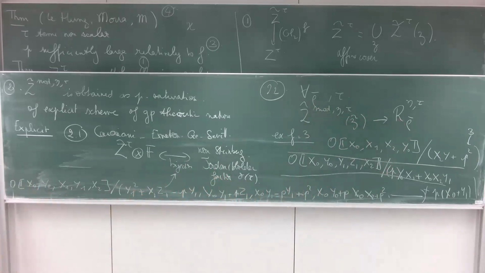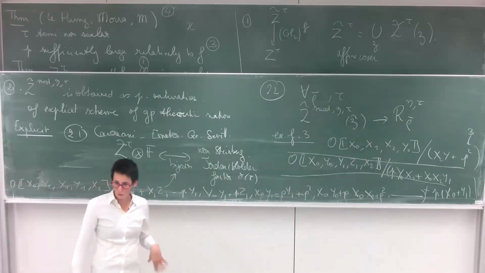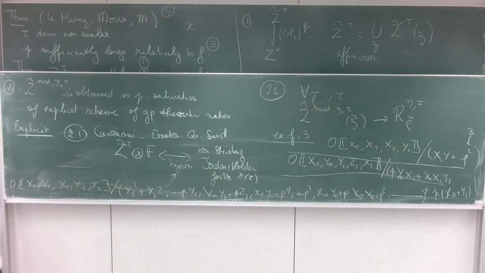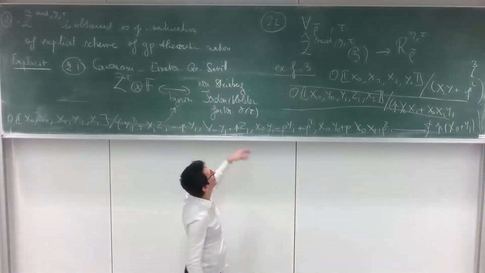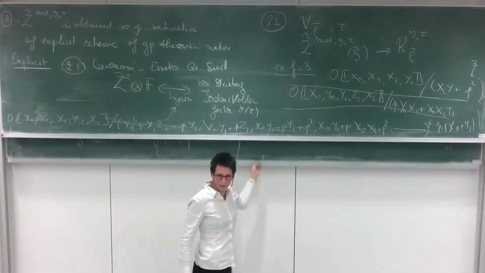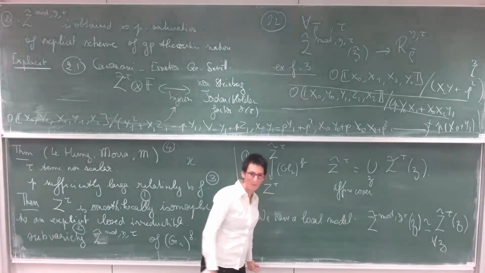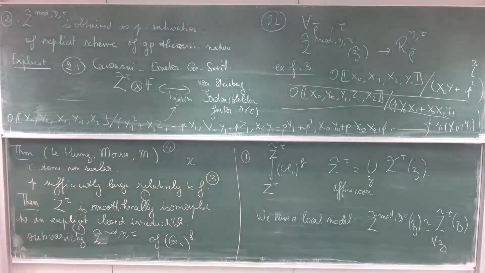It means that if you give me a rho-bar and a tau, and you give me enough time, I will be able to give you the deformation ring. And the time I need depends on f. But I think that I am a very bad computer.